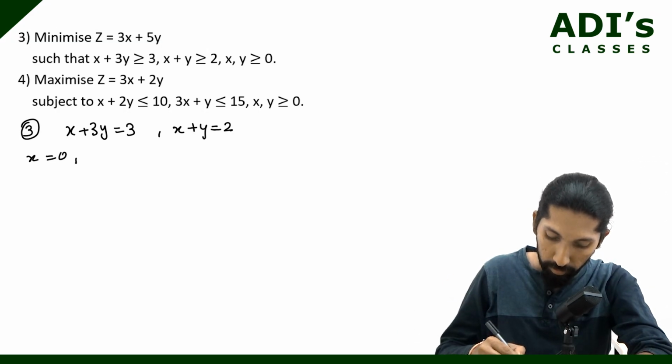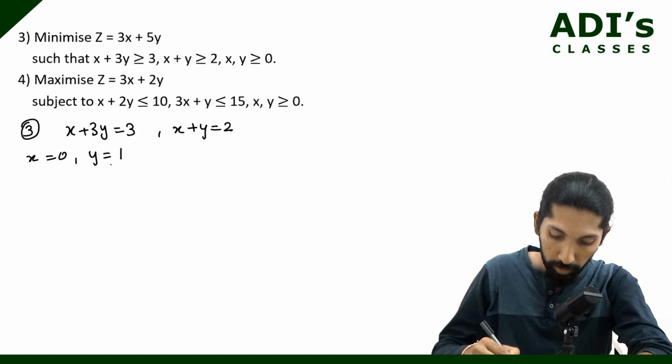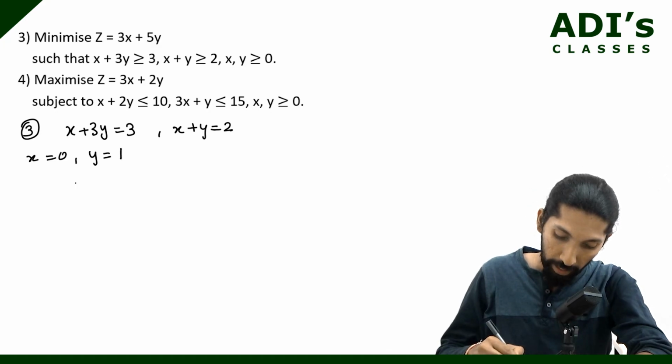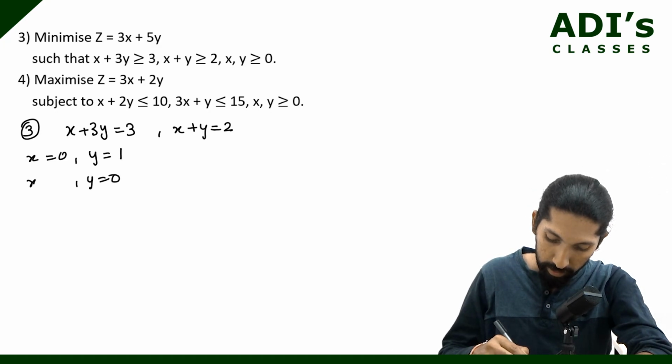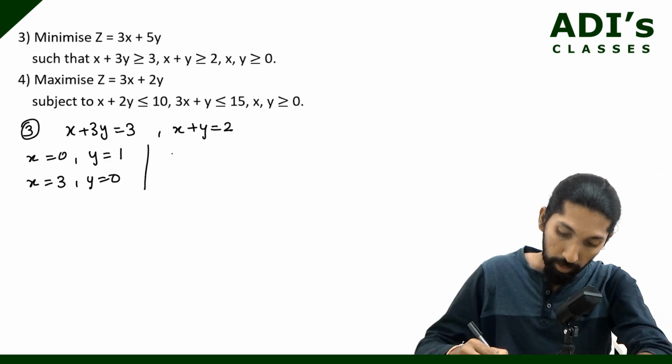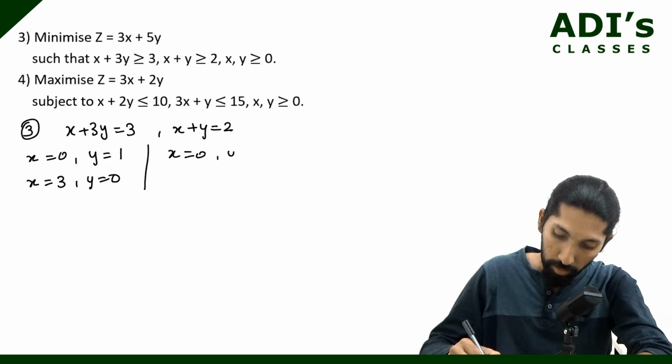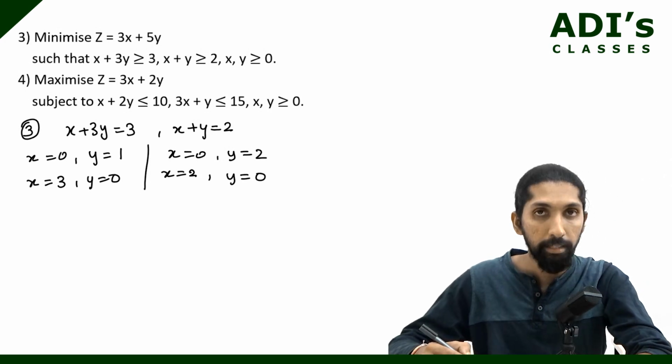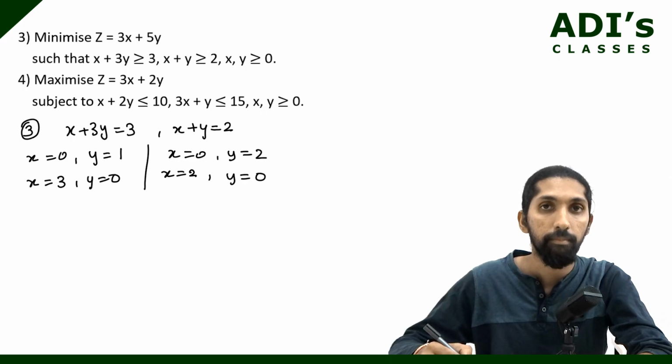X is 0, y is going to give us 1, right? And when y is 0, x is equal to 3. Well and good. Next one, when x is 0, y is 2. When y is 0, x is 2. Right? Very simple, very easy.